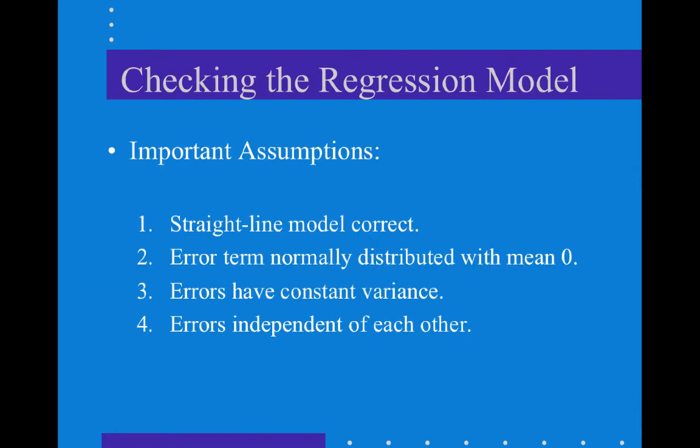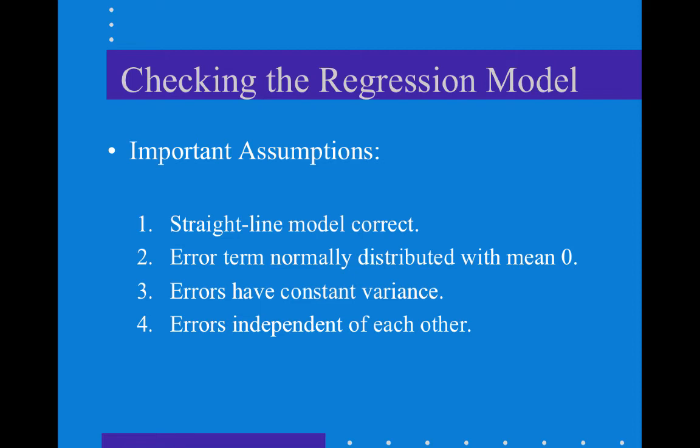So in order to have a valid regression model, we make certain assumptions of our regression model. Those important assumptions are fourfold. First of all, we assume that the straight line model is actually correct.